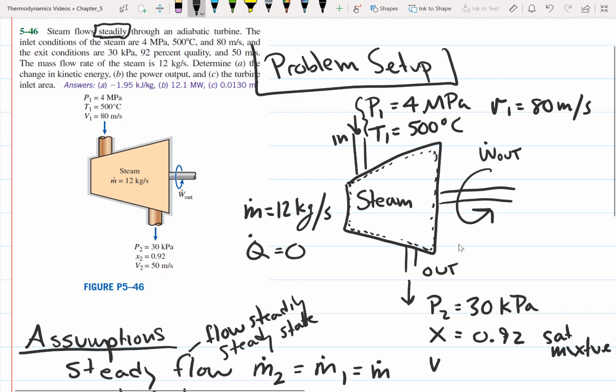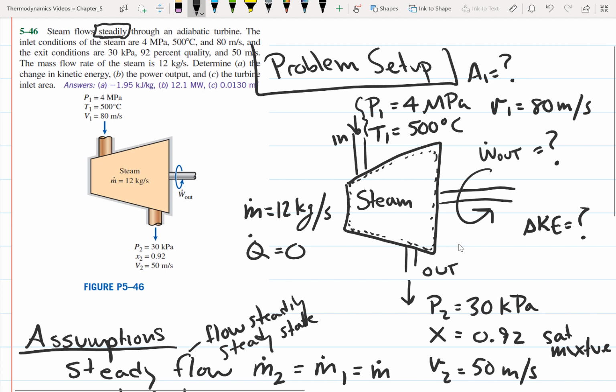And then it tells us the velocity out is 50 meters per second. And then we want to find the change in kinetic energy and the power output, so this work isn't given, but we want to find it, and the turbine inlet area, so we're looking for the area of the inlet.